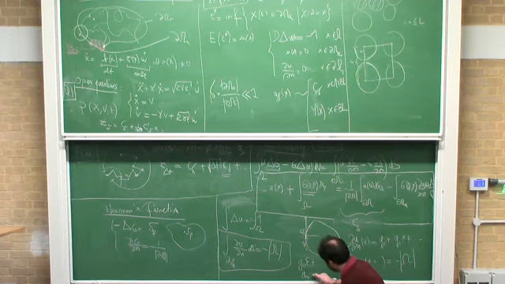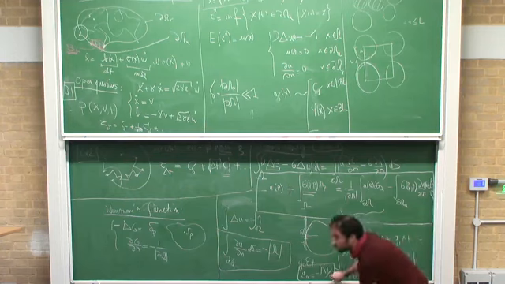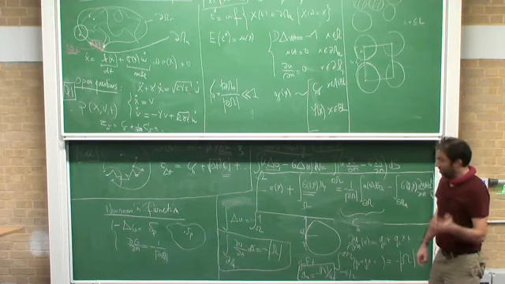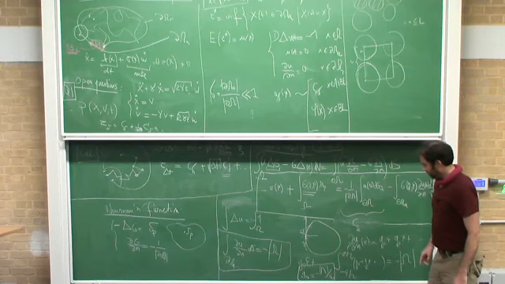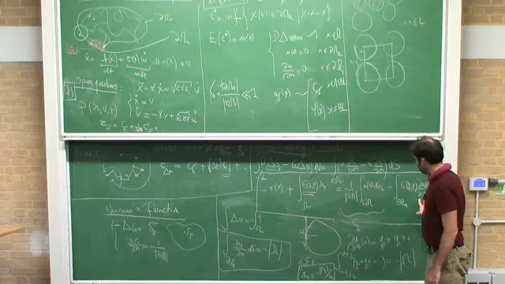So this is the first result that we get from here. And the leading order term of the flux goes to infinity with 1 over epsilon. All right, so this will give us this term.